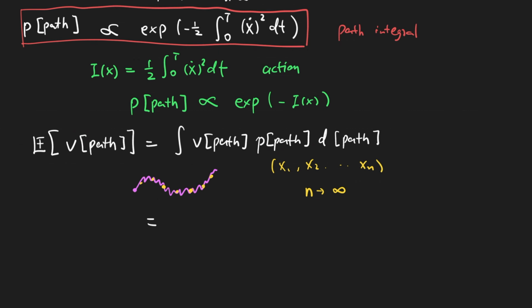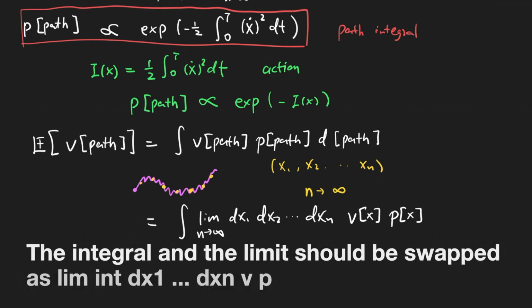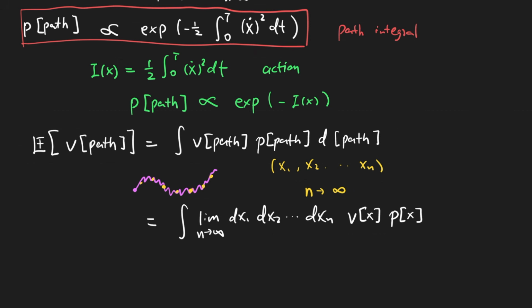So this integral will just equal the limit of n goes to infinity, then we have dx1, dx2, all the way to dxn times v of x times p of x. So I'm using x here to denote the path. And for the path integral formulation, it's common to write the differential in the front.